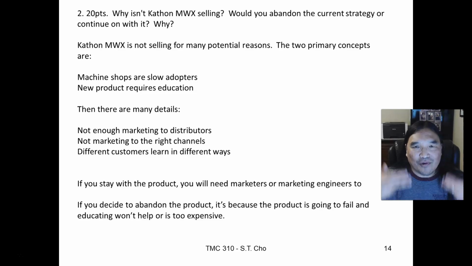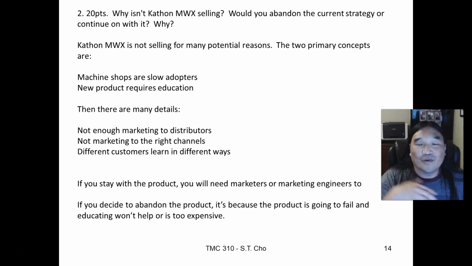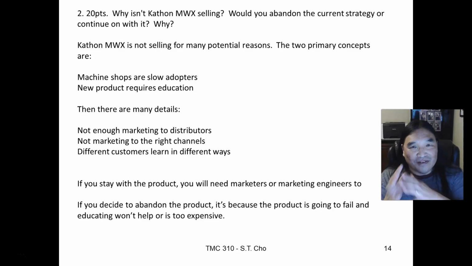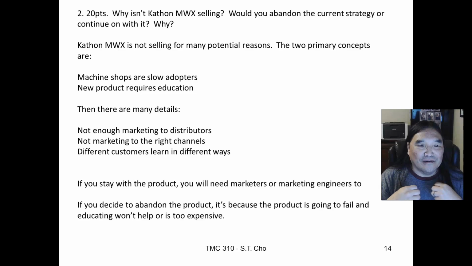But the two big concepts going on here are, one, machine shops are slow adopters; they don't like to make a lot of change. Second, new products, especially technology-based products, require education. Remember crossing the chasm? In order to cross the chasm, one of the approaches is education. The case talks about a lot of details: not enough marketing to distributors, not marketing to the right channels.